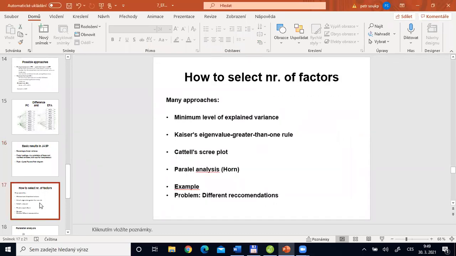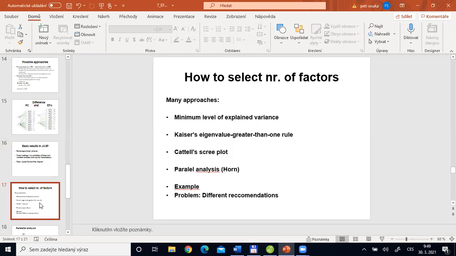So first of all, how we can decide about the number of factors. There are many, many rules. Most of them are not very useful. Some of these are slightly useful, I would say, and there is no one general rule that can be applied in all cases.